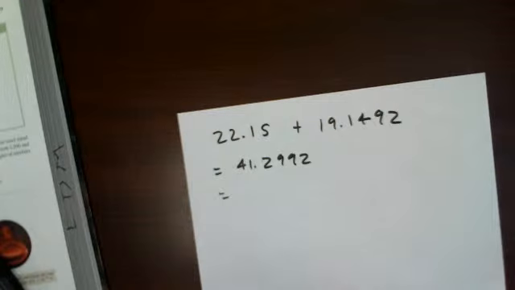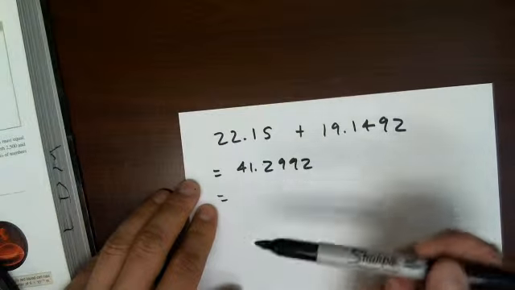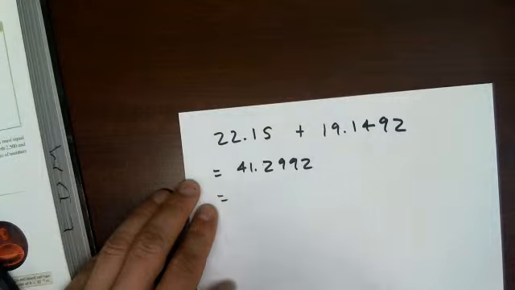You wait till right at the end when you're going to report the answer. If you've got several steps of working, don't round off at this stage. Only round off at the end when all the working's complete.